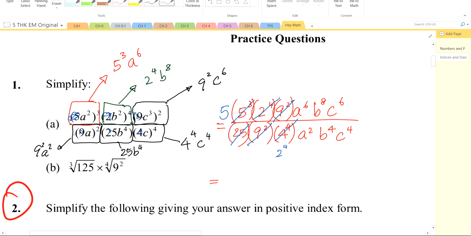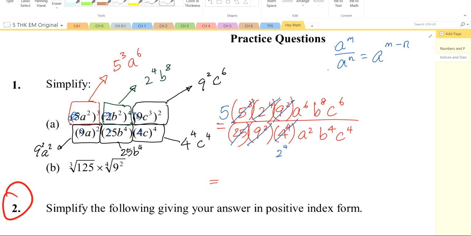Okay? Now, let's deal with the letters right now. A to the power 6 divided by a squared. What do we have left? If you can remember the formula, it looks like this. A to the power m over a to the power n equals to a m minus n. Okay? But it is one thing to memorize, it is another thing to understand. Have you all memorized it? Yes, if you have, good for you. If you haven't, do you understand why?